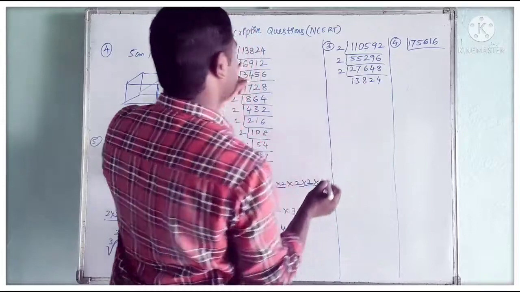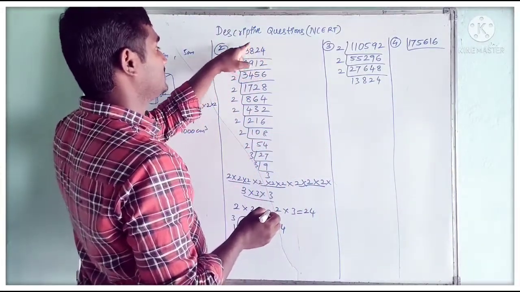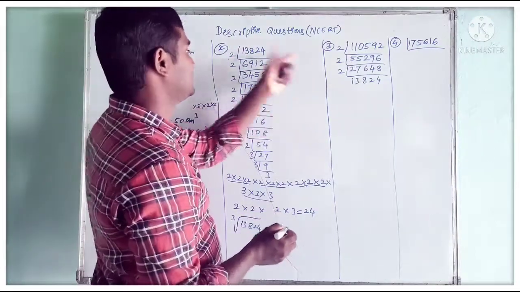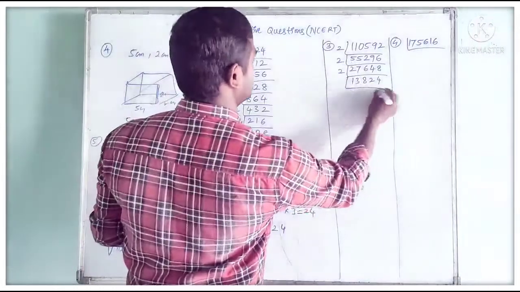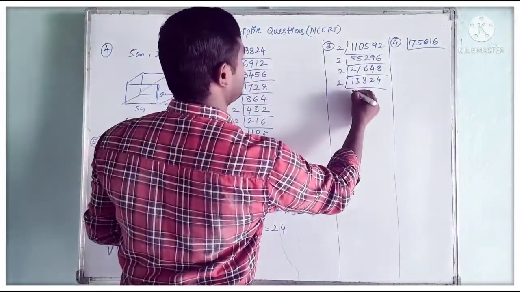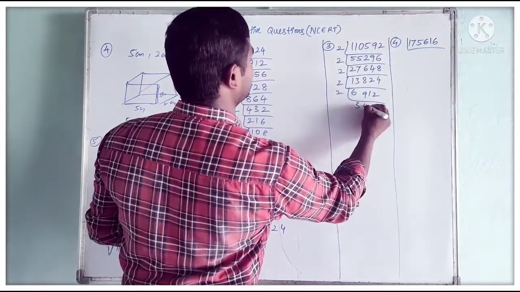So in the previous question, if you do the prime factorization, the same here only we can continue. So continue here same as it is. So that is 2 into 6, 9, 1, 2 in the 2 table 3 4 5 6.